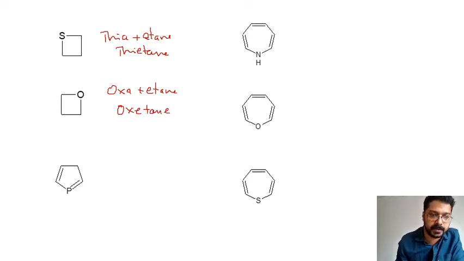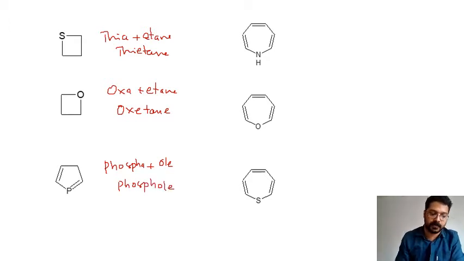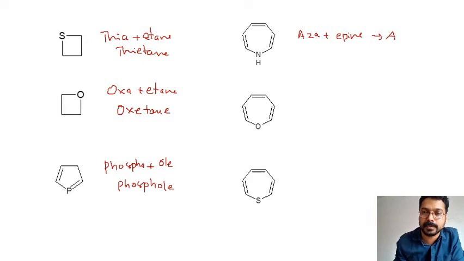And 5 membered with phosphorus, the prefix is phosphor, and the suffix is ole, it is 5 membered, that is ole. So it is phosphole. If you take the 7 membered, again aza plus epine, it will be azepine.